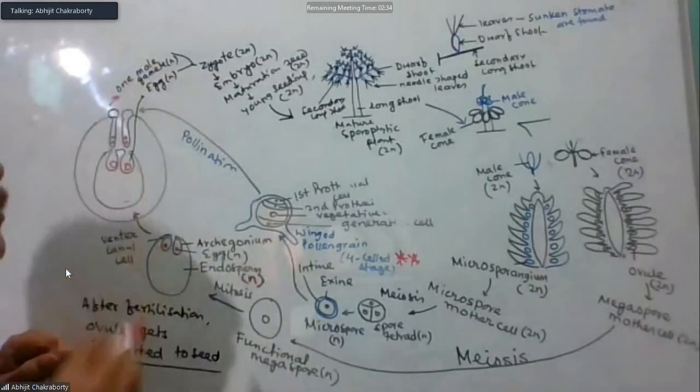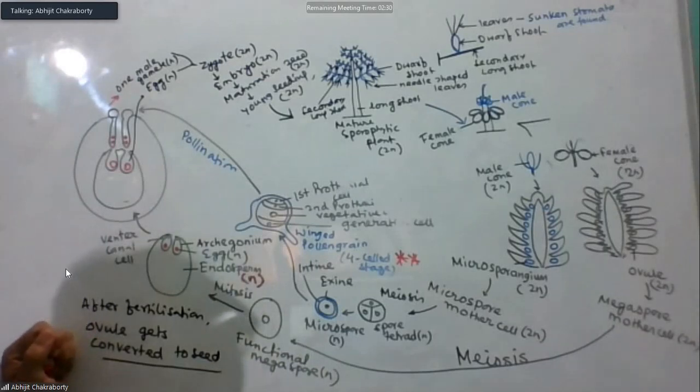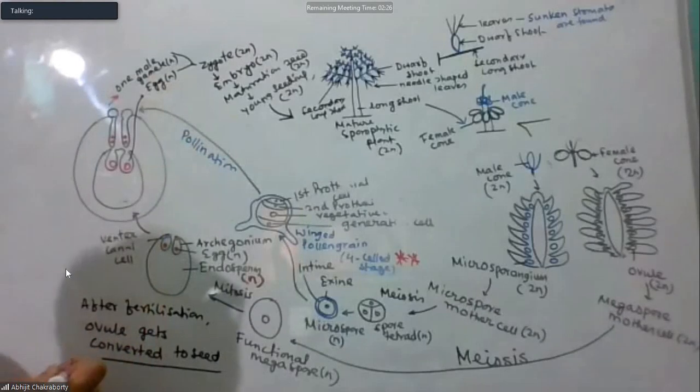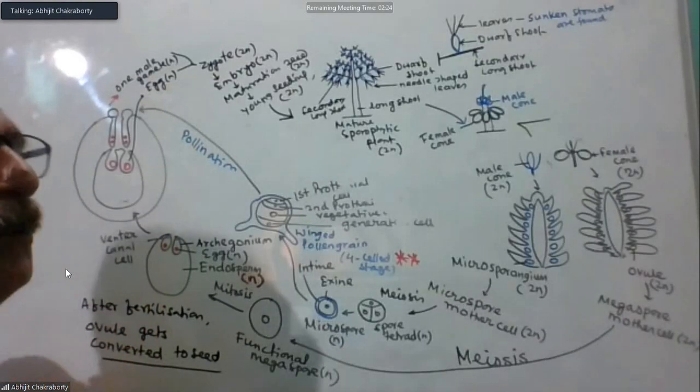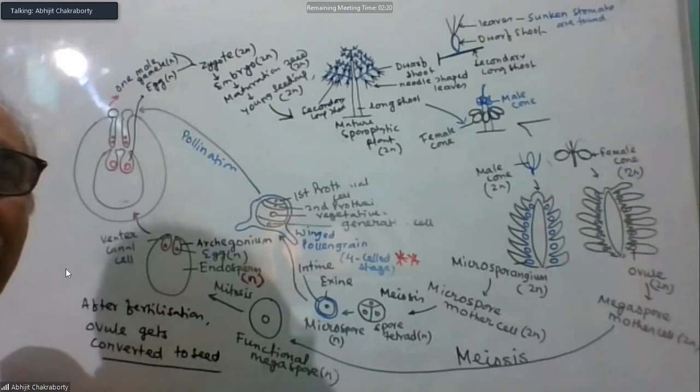Fourthly, out of 2 male gametes, 1 male gamete is utilized, the other degenerates. Okay? And polyembryony is noticed, as more than 1 archegonia are found to be present in each ovule.